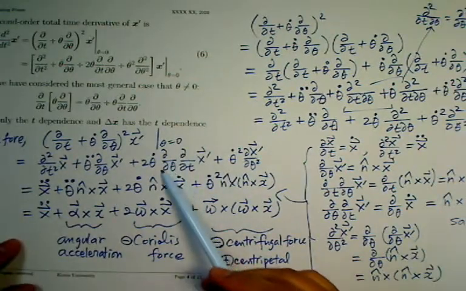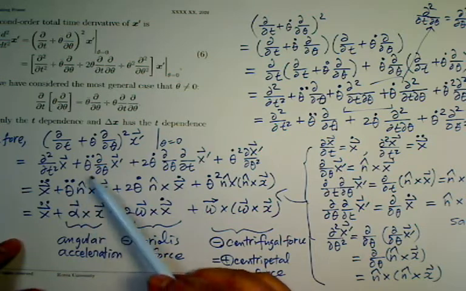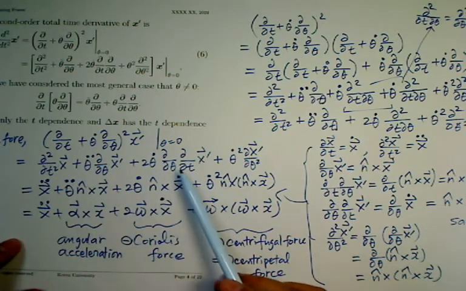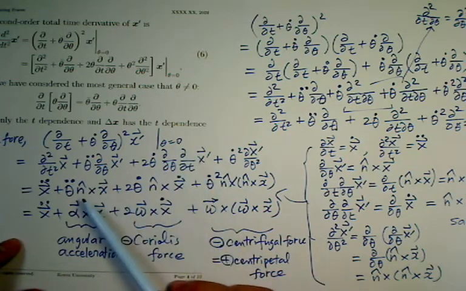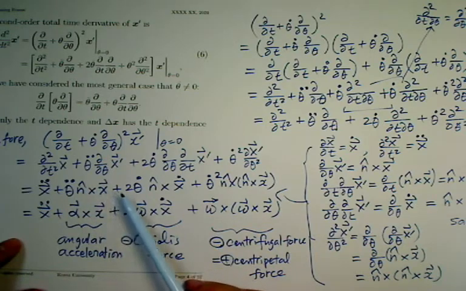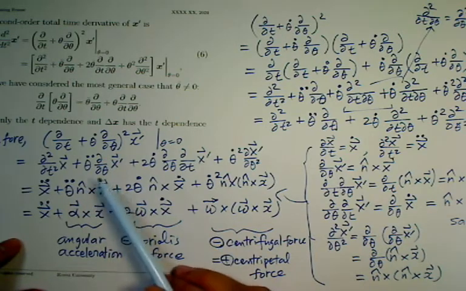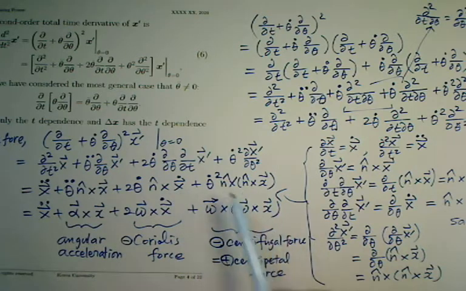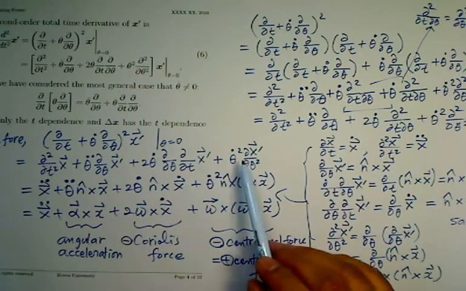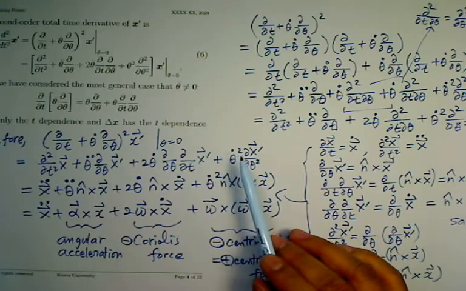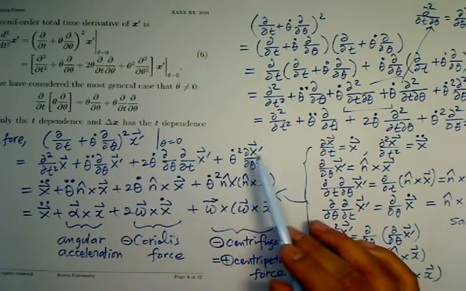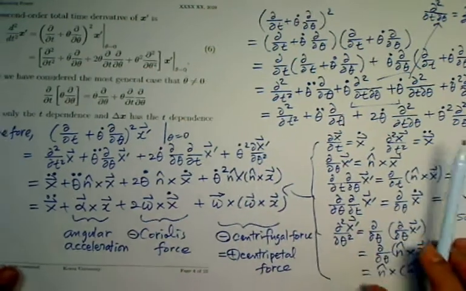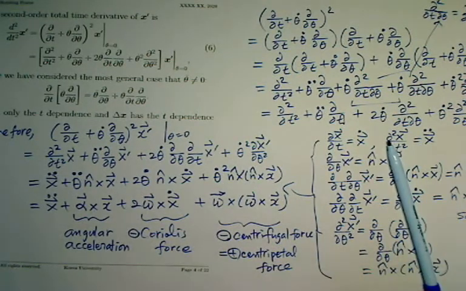Because a single derivative brings this, and then taking the time derivative, n hat is fixed, so only x can vary, so n hat cross x dot appears. The next one, theta dot squared, and the double angle derivative is n hat cross x.